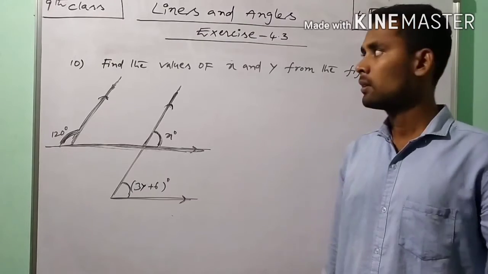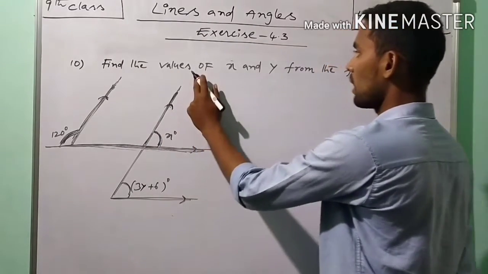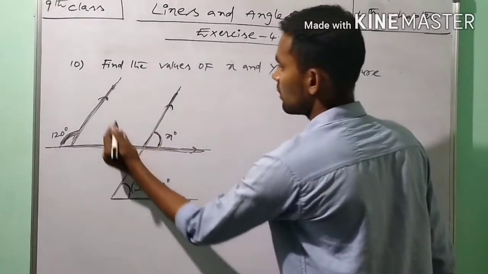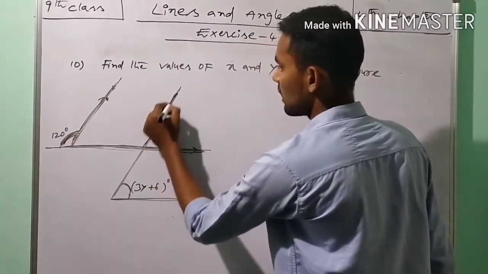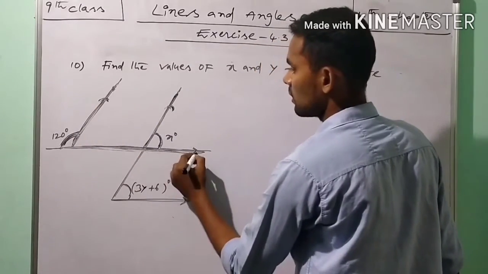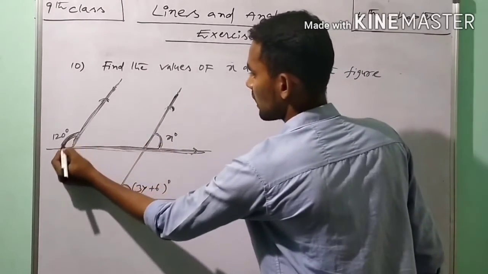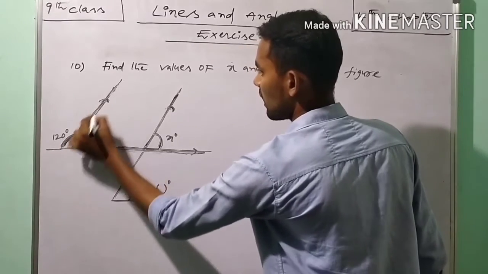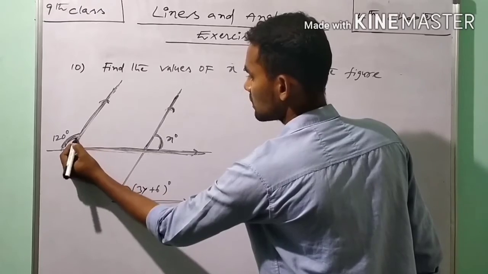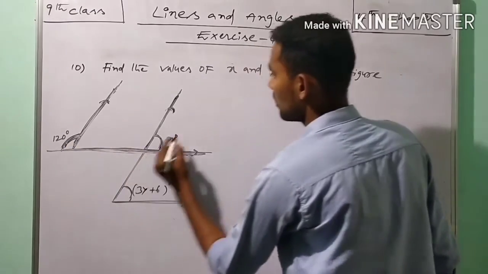10th bit. Find the values of x and y from the figure. In the given figure, these are parallel lines. This line is transversal. This angle is x. This angle is 120 degrees. Parallel lines, exterior angles on the same side of a transversal.